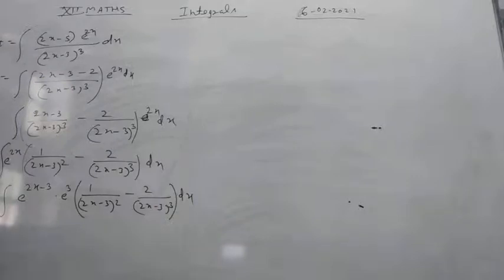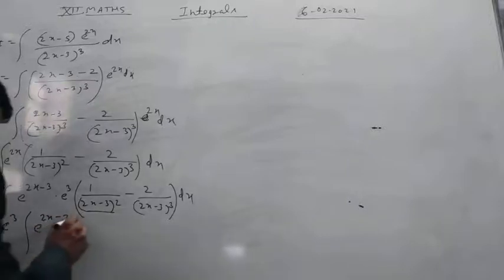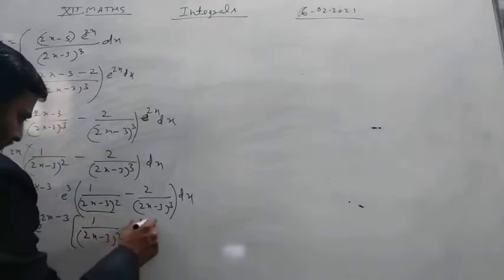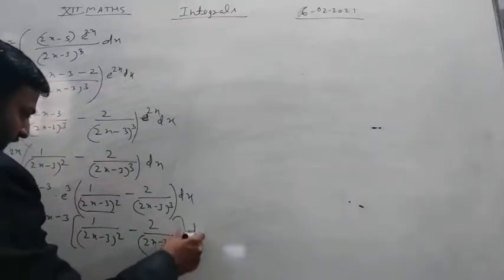So students, this is our next step. Now we are subtracting from here and adding. Now we take this part as t, so we can write e cube, e to the power (2x minus 3), 1 by (2x minus 3) whole square minus 2 by (2x minus 3) whole cube dx.